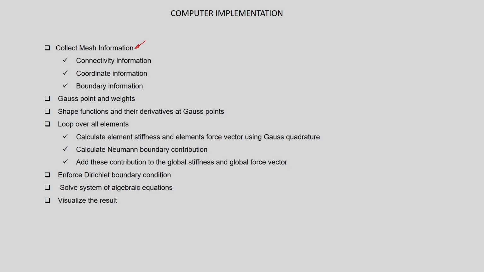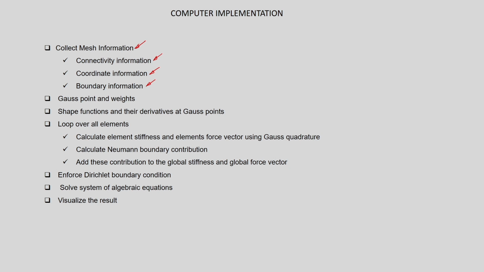This mesh information contains the connectivity information. What is connectivity information? Connectivity information is basically the correspondence between the local node number and the global node number of all the elements in the discretized domain. So, that we need to construct. Then we need to note down the coordinates of the node points, which we denoted as coordinate information, and then we also have to note down the boundary information.